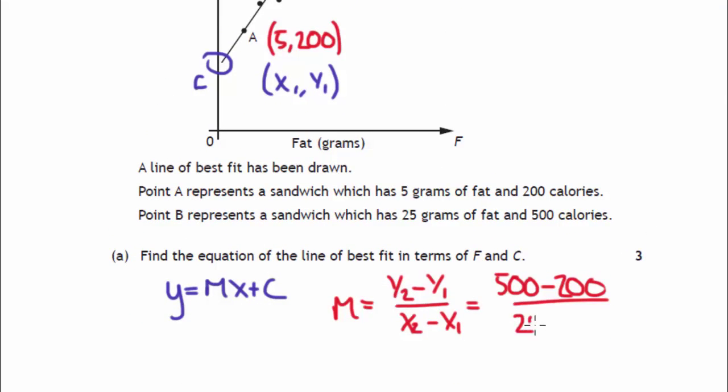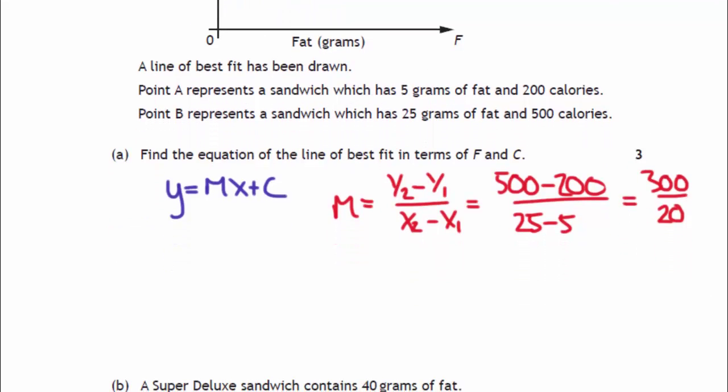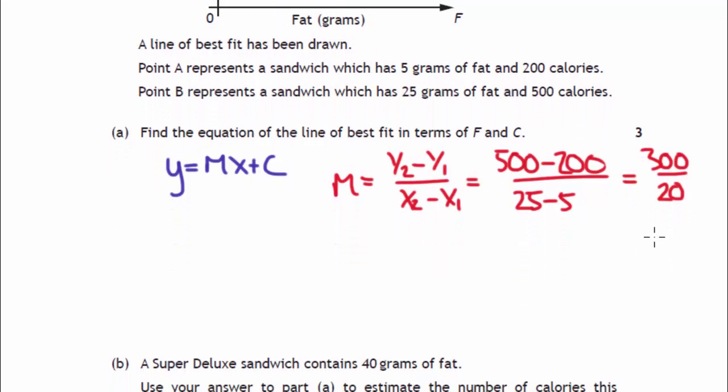So that's 25 minus 5. Okay, so this is going to equal 300 divided by 20. Okay, so that's your gradient. And that obviously can get down to 15. Okay, so that's your gradient here.